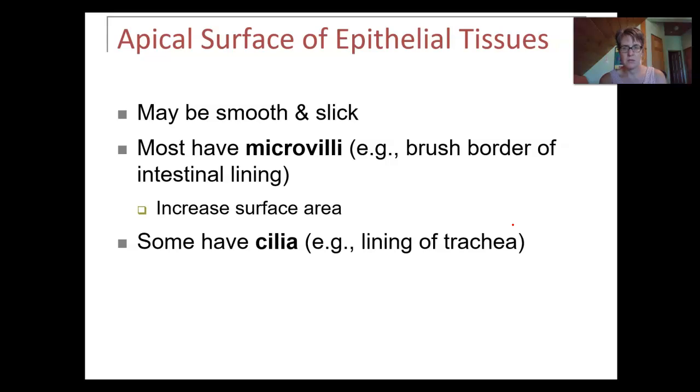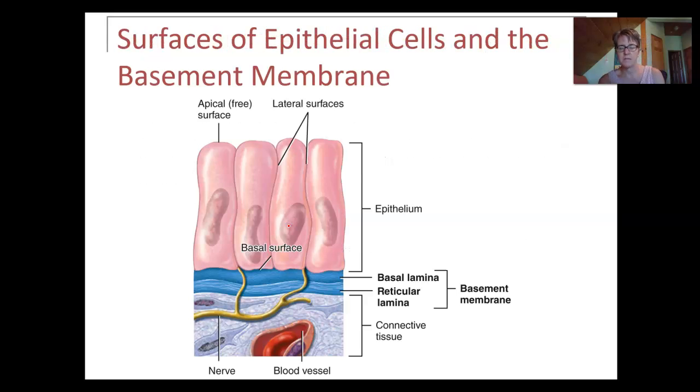Good point. Oh, look, there's more slides on that one. Apical might have those little projections I was talking about, like microvilli to increase surface area. It might have some cilia. I guess I'll continue with these and we'll jump back. And then the basal surface, like I said, might be attached to this connective tissue basement membrane.